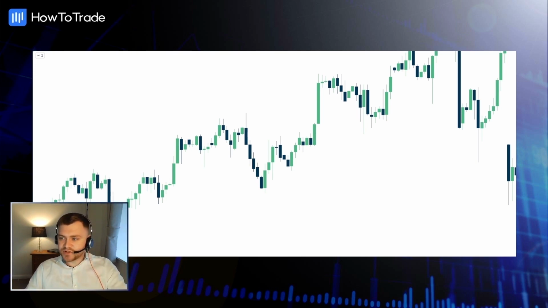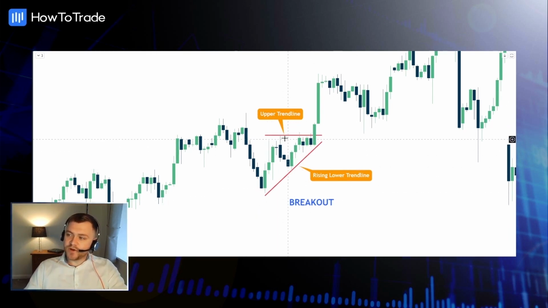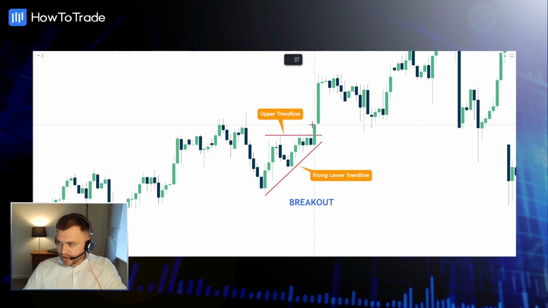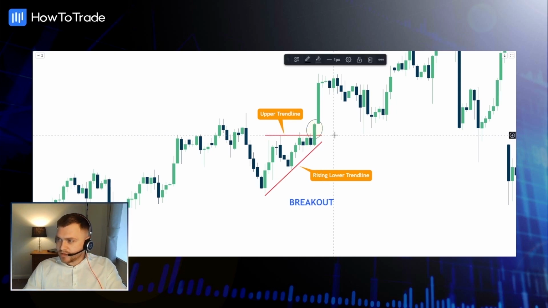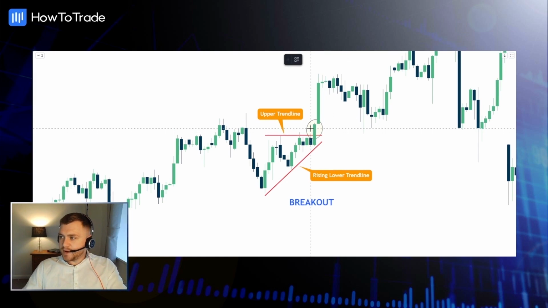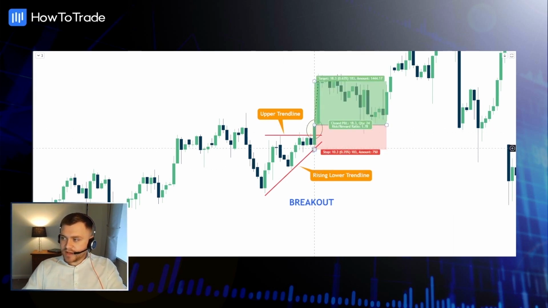So when we get these drawings on the chart, you can see exactly what I mean. We've got this rising lower trend line, and we've also got this upper trend line, and these lines are converging to form this triangle pattern. Now, what we want to do, first of all, after we've drawn the chart pattern, is find that breakout candle. You can see we've got that here. So as a trader, a position that you'd have taken could have been entering a long position at the close of this candle with a stop loss just below the ascending trend line.